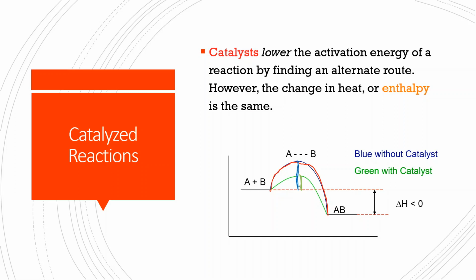Because the activation energy for the catalyzed reaction is lower, the catalyzed reaction will proceed faster. Because the activation energy decreases, that also means that the activated complex, or the transition state, will decrease. But everything else, the energy of the reactants, energy of the products, and delta H remains the same.